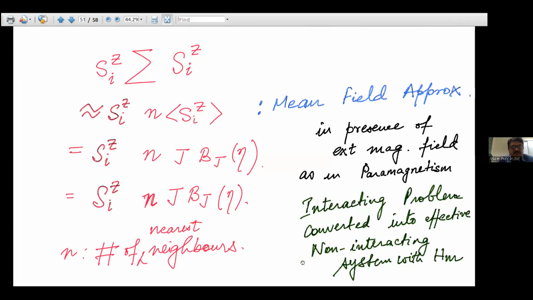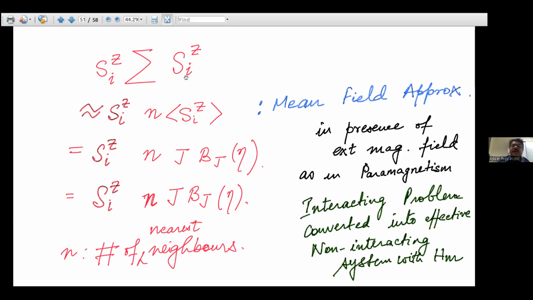So what was the mean field approximation? Sorry, this should be the sum over j, the sum over neighbors. S_iz, where i is interacting with its neighbors j, the sum over j, all its nearest neighbors, is being replaced by n times the average S_z. This is the mean field approximation.